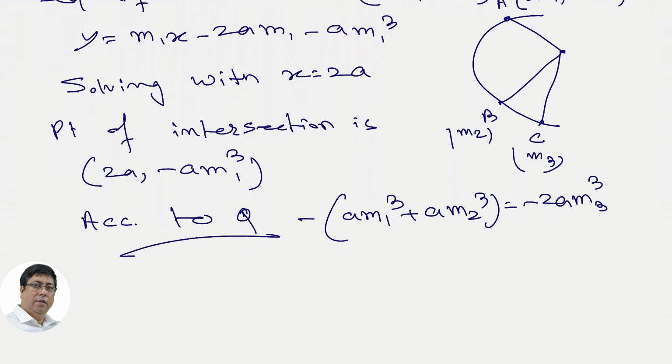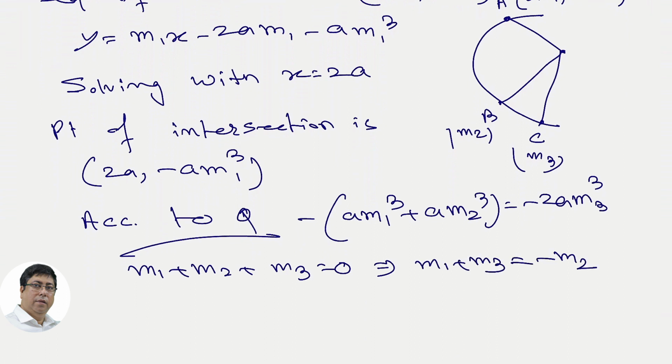But for co-normal points, we know that if we make the cubic equation, the sum of the roots equal to 0. It means m1 plus m2 plus m3 equal to 0, which we know. So we can write m1 plus m3 equal to minus m2.